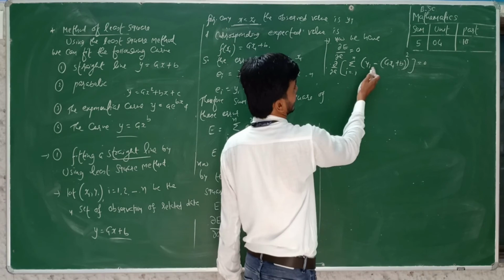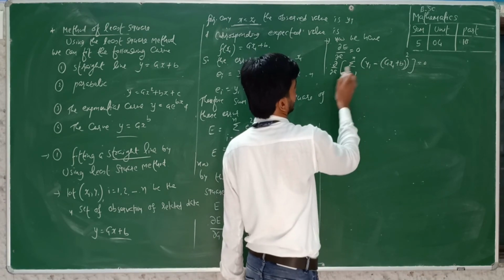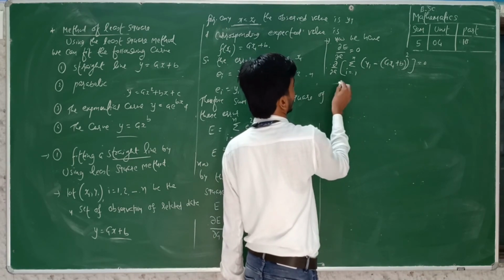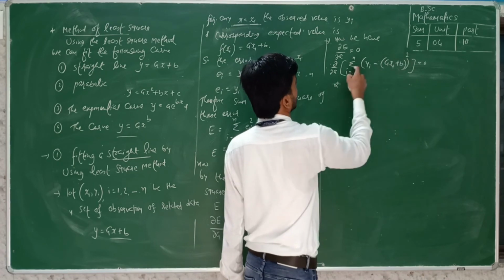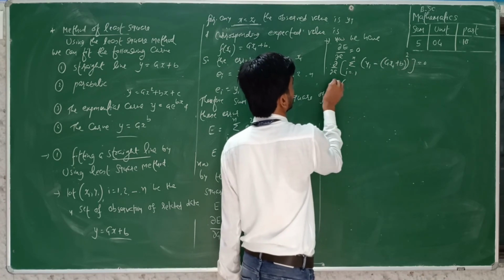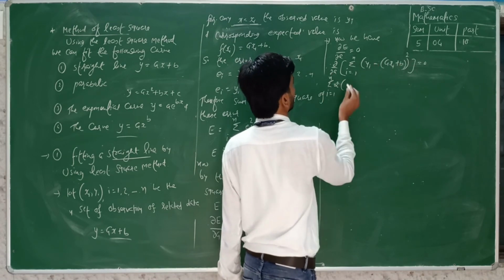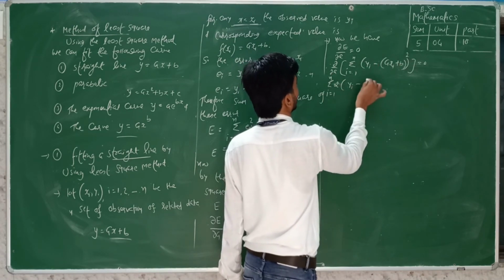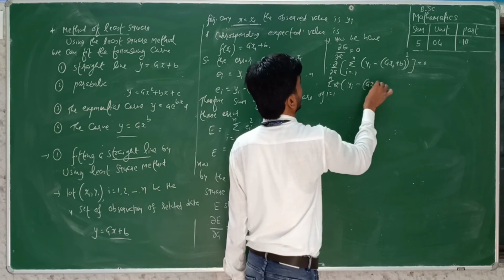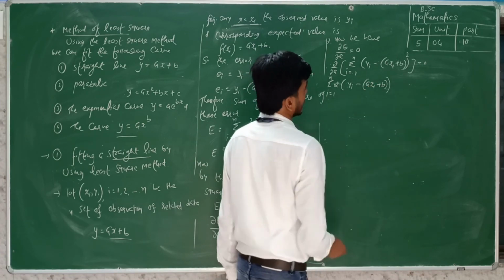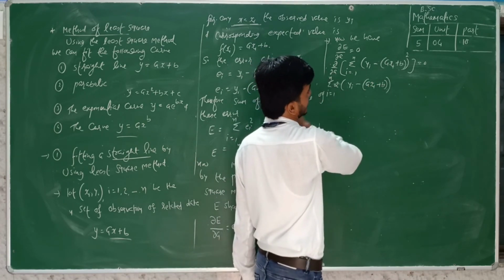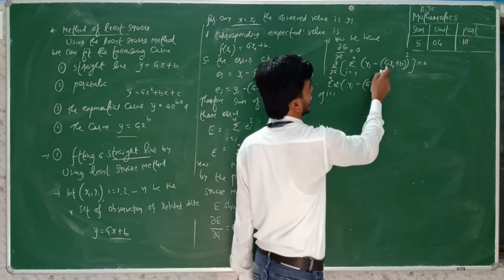We take the partial derivative of this equation with respect to A. So 2 into sigma i equal to 1 to n of (yi minus (a xi plus b)), and we take the partial derivative with respect to A.